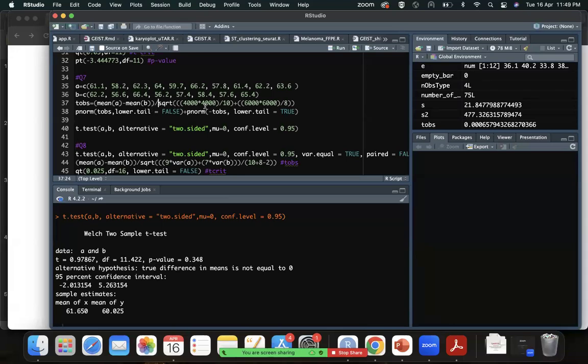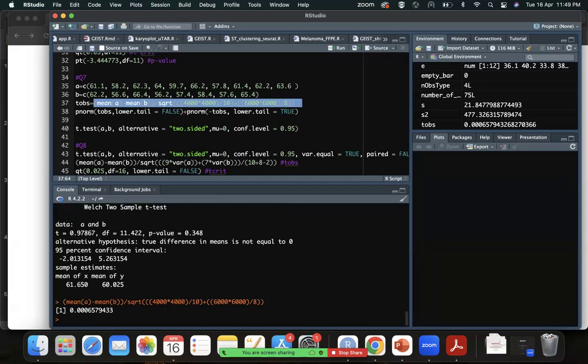I think I've made some mistake in this calculation. I think 0.006. Square root of sigma A square divided by n1 plus sigma square divided by n2, which is 8. And this seems correct.